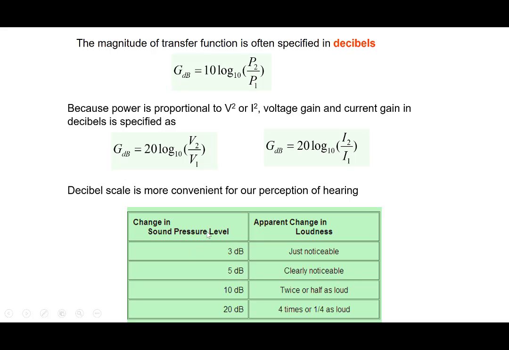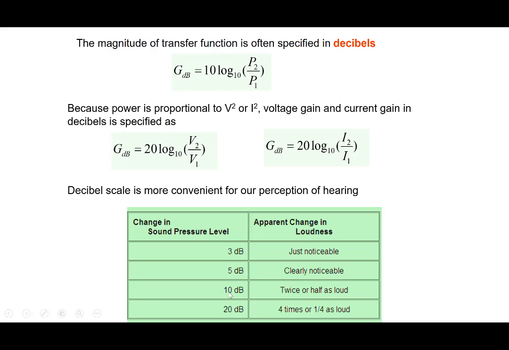Sound is nothing but pressure waves, so it gives us more insight if we express it in dBs. So for example, 3 dBs is barely noticeable. If you go from 5 dBs to 10 dBs, a 5 dB change, it sounds twice as loud.